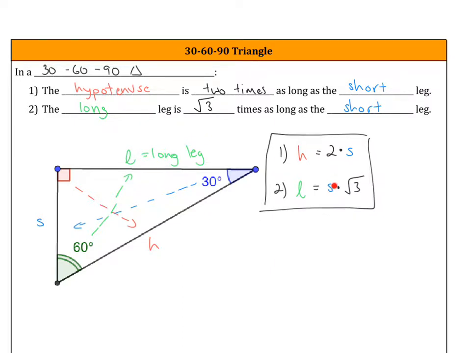Notice how they both have the short leg in them. Okay. Now, a good question might be, how do I know which one to use out of these two equations? My answer is it depends on which sides are already given to you. So let's go ahead and take a look at an example to figure that out.